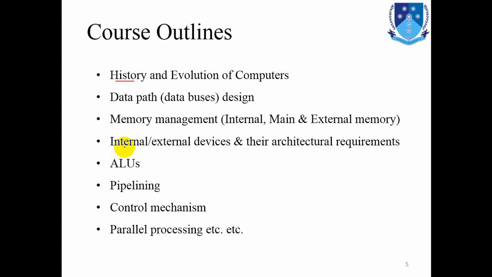After discussing the memory and the organization of a memory system, we will discuss another important component of a computer system known as the input or output devices, or simply internal and external devices. We will also discuss the architectural requirement for the internal and external devices which we are using in our computer system.